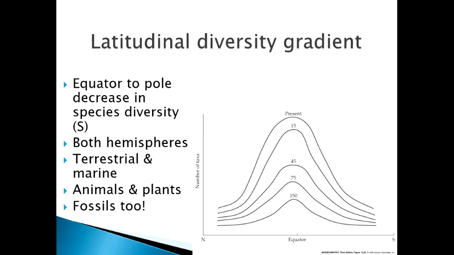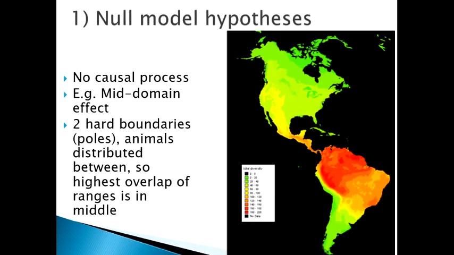Graphically, it's usually shown as a distribution with a peak right at the equator, or 0 degrees latitude, and it works in both hemispheres, with animals, plants, all across the various kingdoms, and it works with fossils too. Well, there are several hypotheses associated with this.